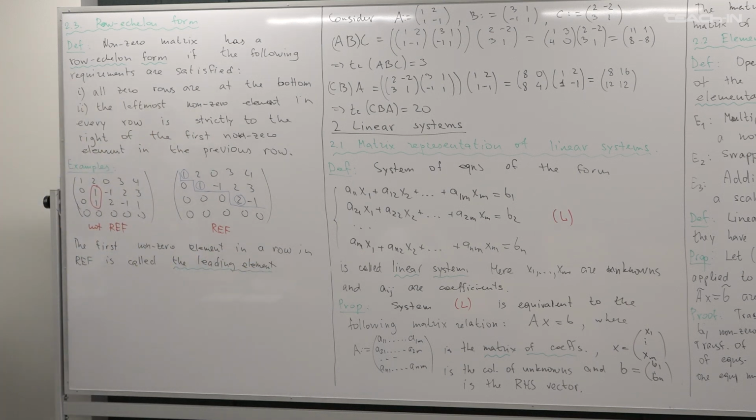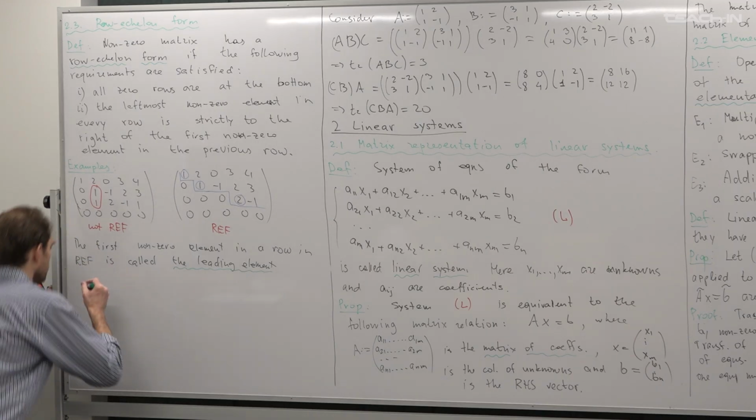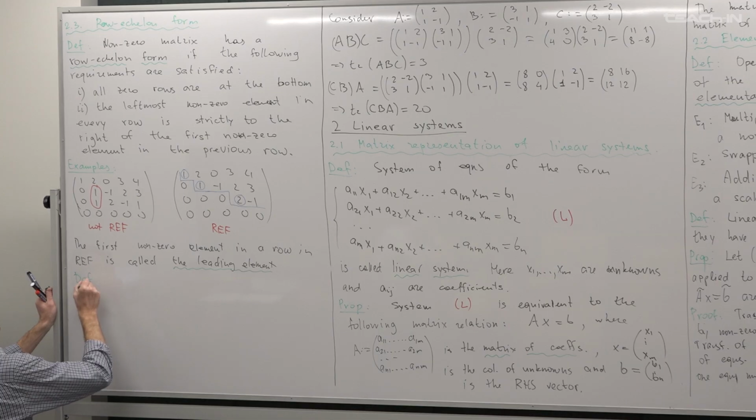Okay, so this is the first definition, now we'll need another definition, the definition of reduced row echelon form.